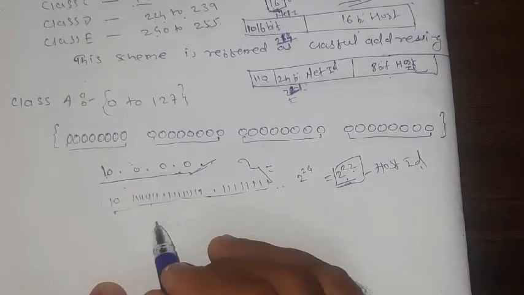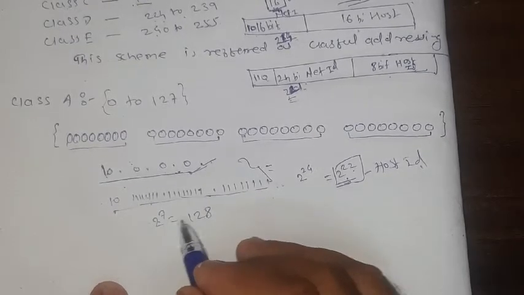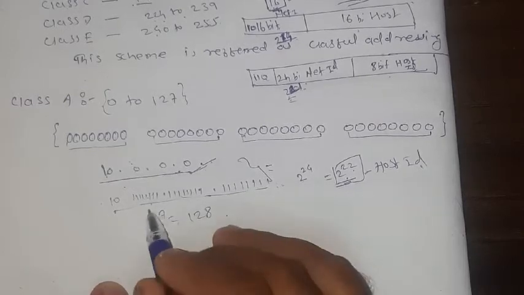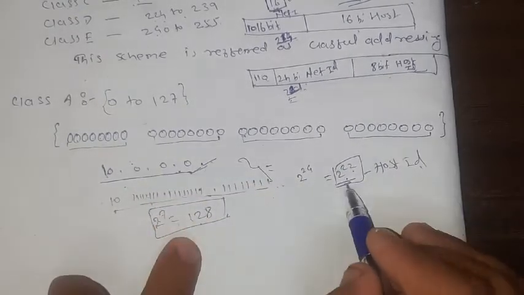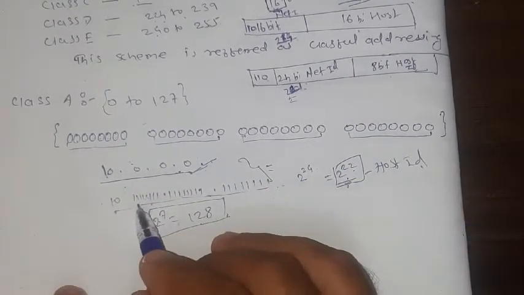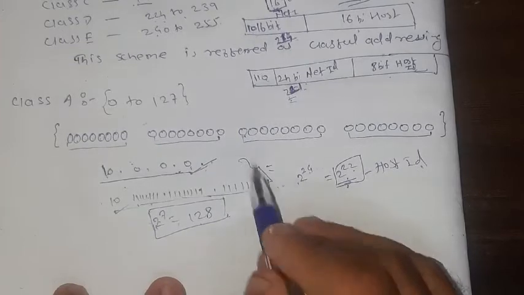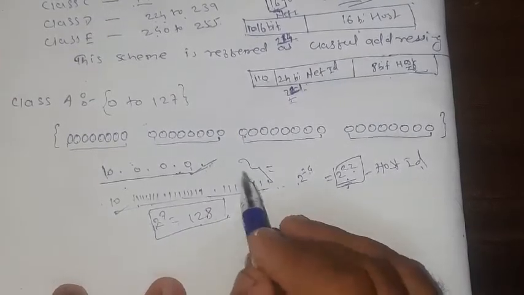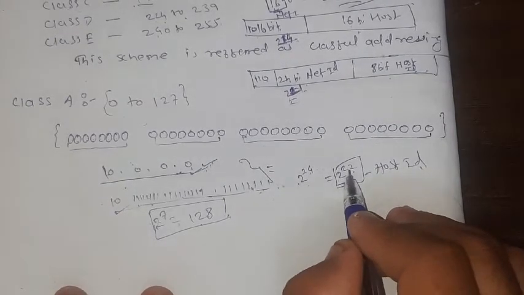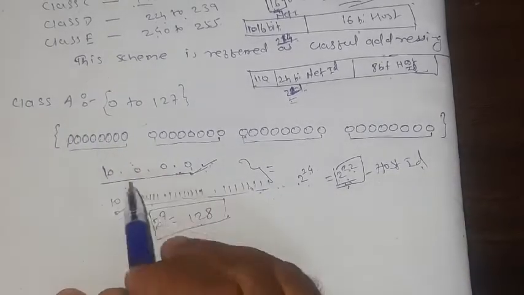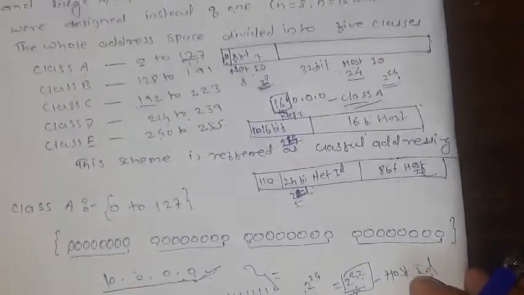In a net ID we have 2 raised to 7, which is equal to 128. It means 128 net IDs we have with class A, and the maximum host IDs with this address is 2 raised to 24, but starting and ending, both addresses are reserved. So that's why actual working IP addresses we have only 2 raised to 22 in a class A IP address.